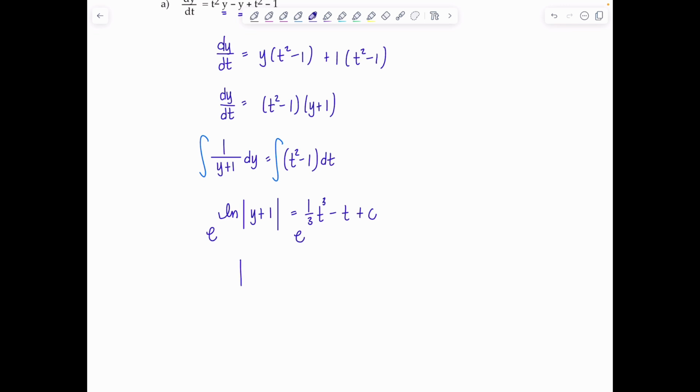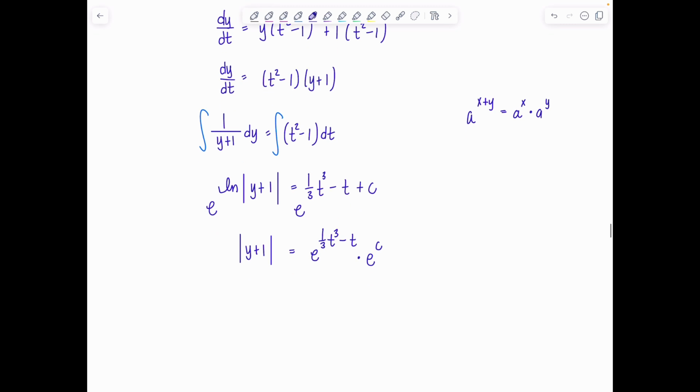So I'm going to have absolute value of y plus 1 equals e to the 1/3 t cubed minus t, times e to the c. Remember, if you have a to the x plus y, that's a to the x times a to the y. That's basically what I did right here.